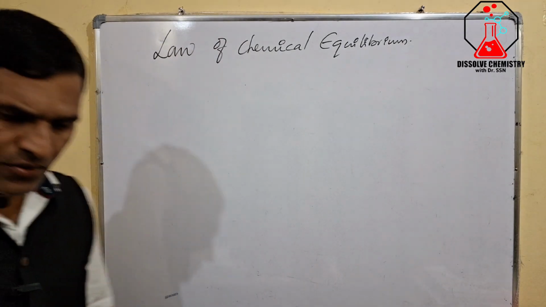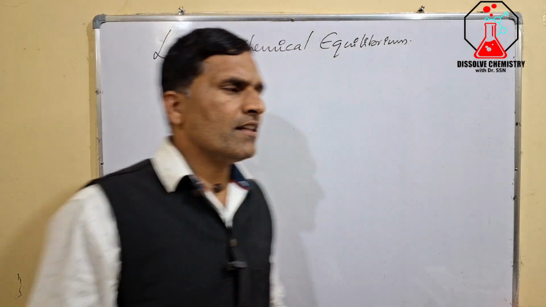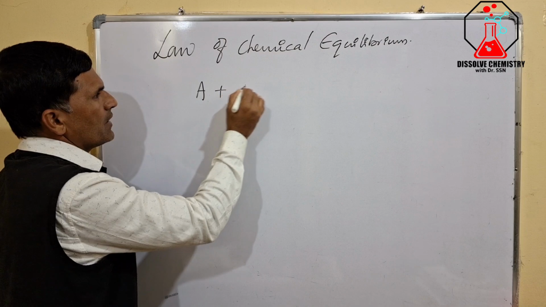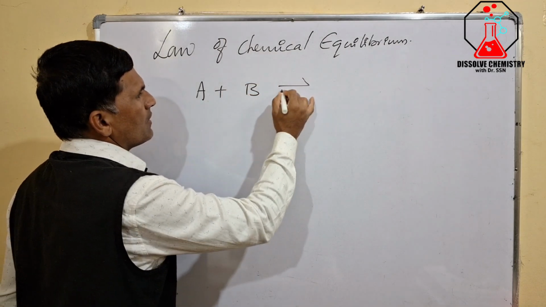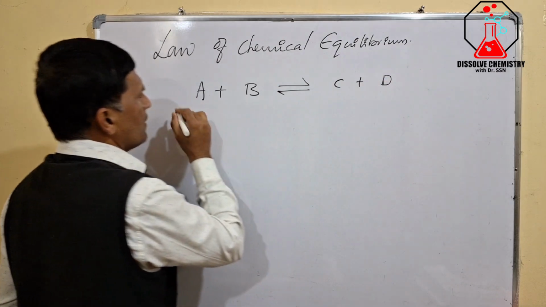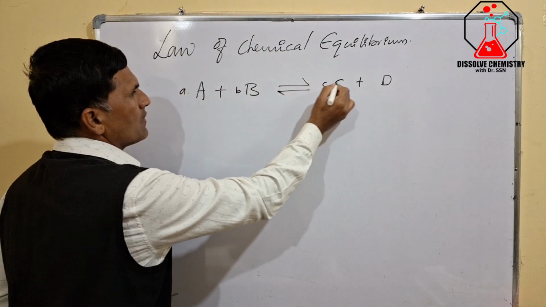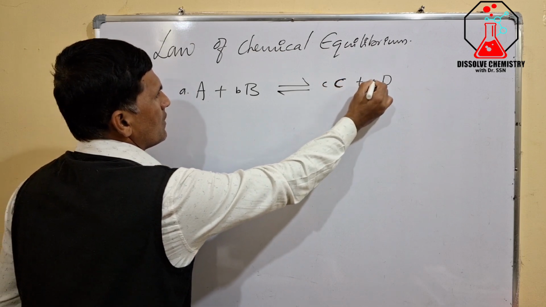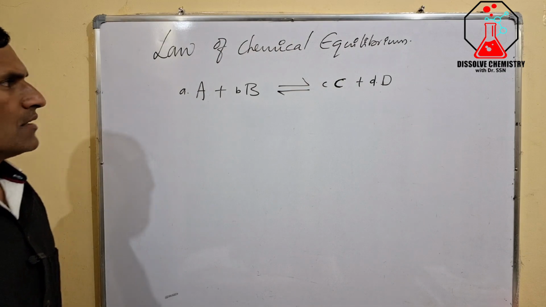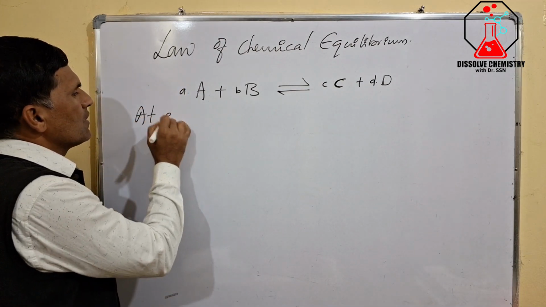Prior to that, we know that when a reaction attains equilibrium, say for example A plus B combines to give C plus D, with stoichiometric coefficients a, b, c, and d.